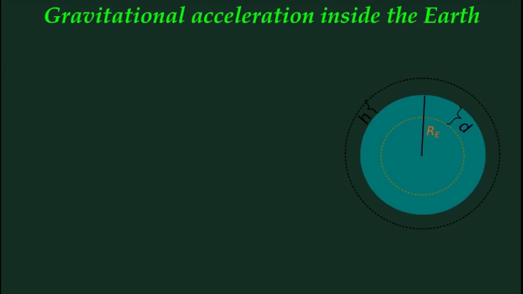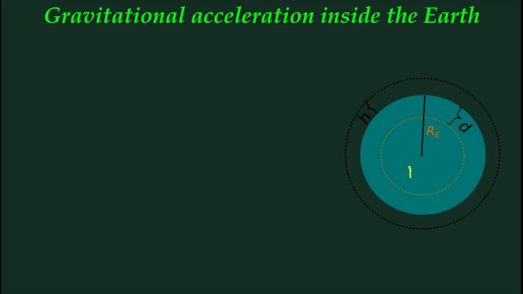Now let's apply the Gauss law to find the gravitational acceleration inside the earth. Let's say we want to find it at the depth d. In order to do that, at the depth d we draw a hypothetical concentric spherical surface.